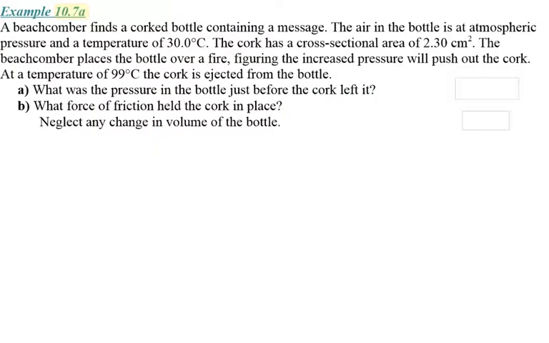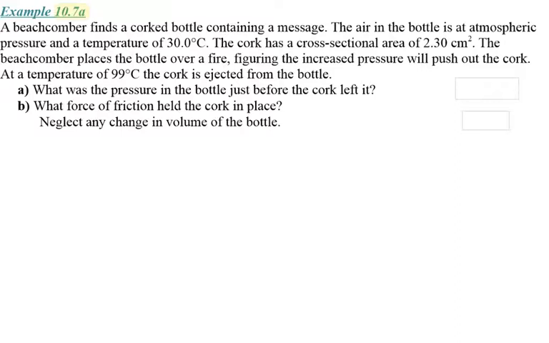In this question, a beachcomber finds a corked bottle containing a message. The air in the bottle is at atmospheric pressure and a temperature of 30 degrees Celsius. The cork has a cross-sectional area of 2.3 centimeters squared, 10^-4 meters squared. The beachcomber places the bottle over a fire, figuring the increased pressure will push out the cork.